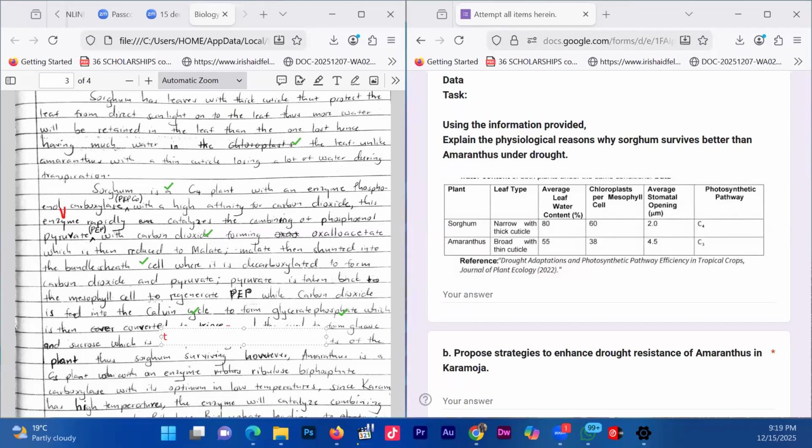Products of photosynthesis and other plant hormones are translocated. So that word translocated must be there. Have you seen that?